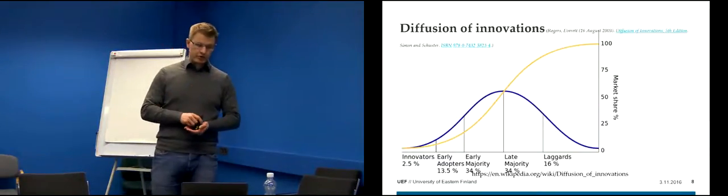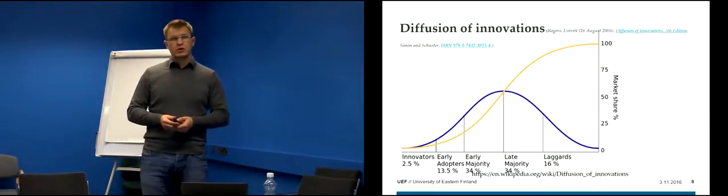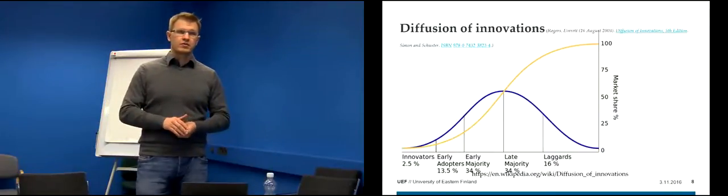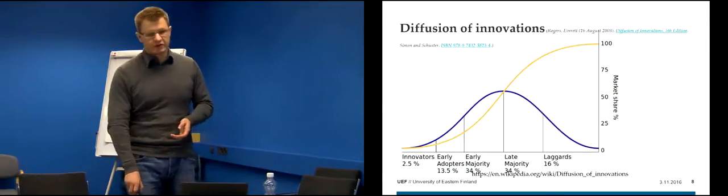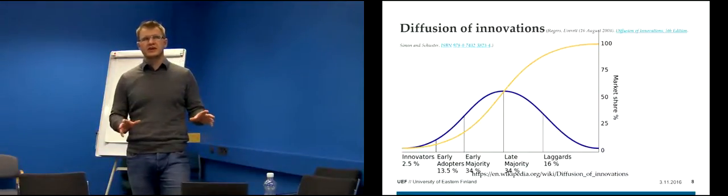But that was on an individual level. We also have to talk about on larger scale, on national levels, on global levels. And for this, a really helpful concept that really makes us understand why we are using technology and who are using what kind of technologies is the diffusion of innovations.